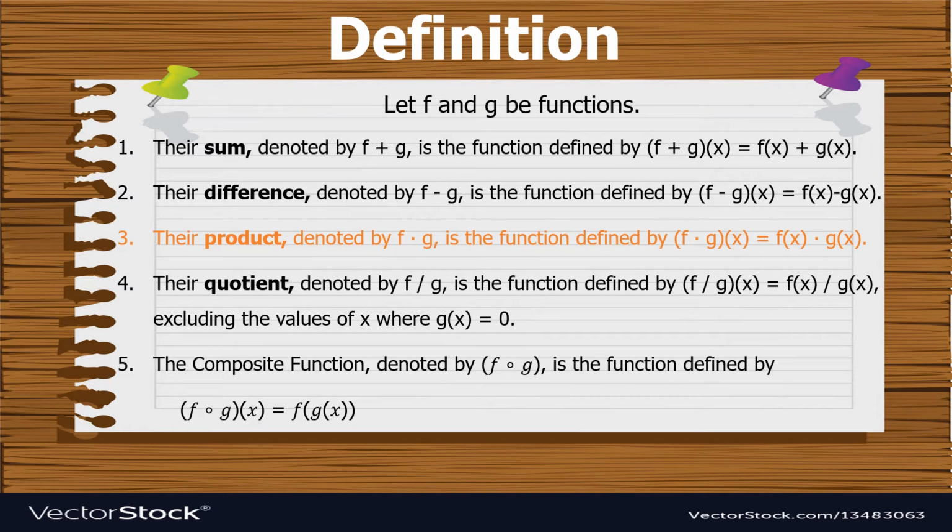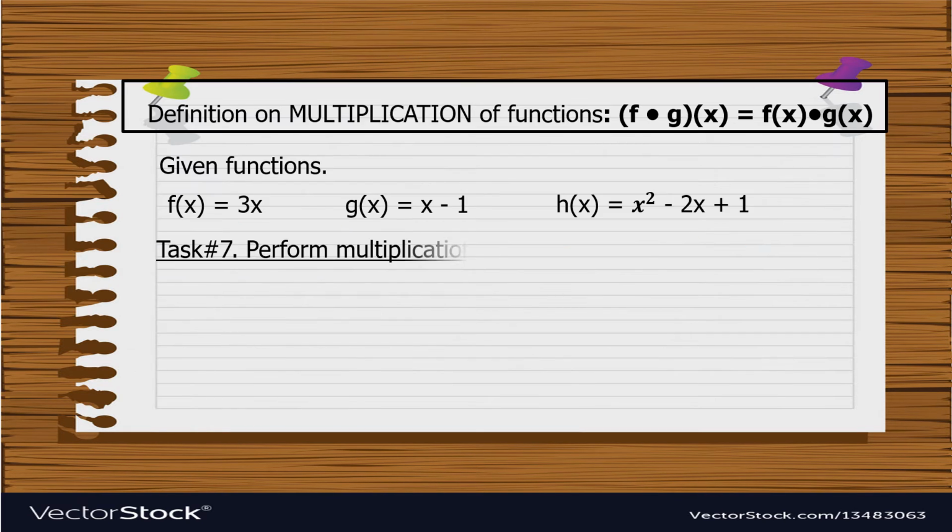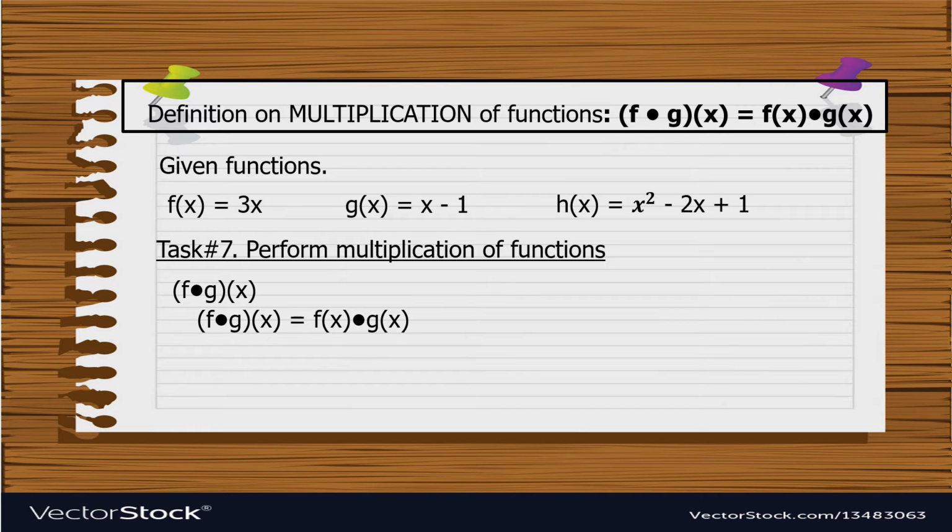Moving forward, we will now be discussing about the product of functions. For your task number 7, perform multiplication of functions. Number 1, find the product of f of x and g of x. We know that f multiplied by g of x equals f of x multiplied by g of x.